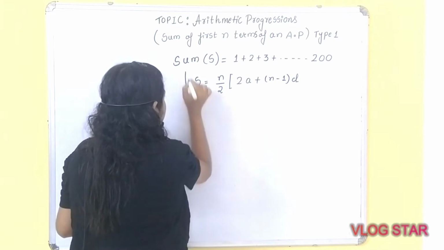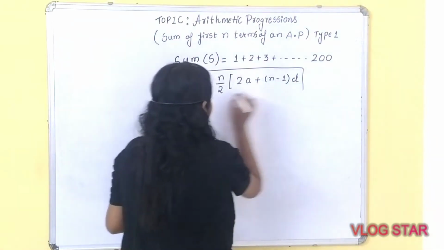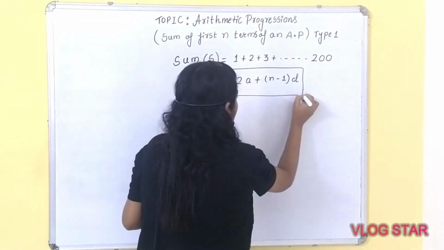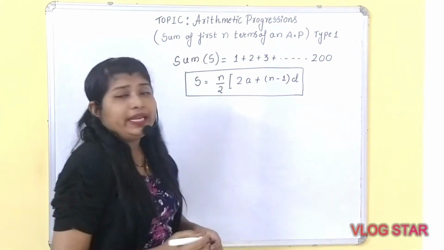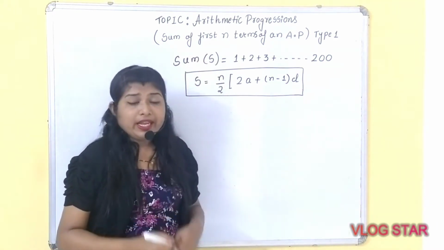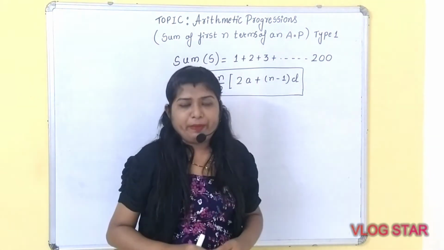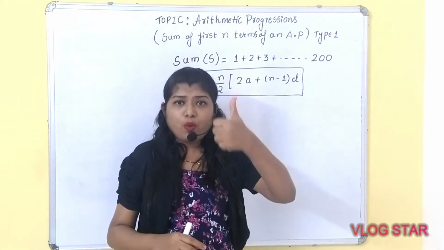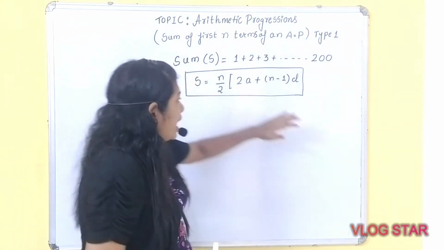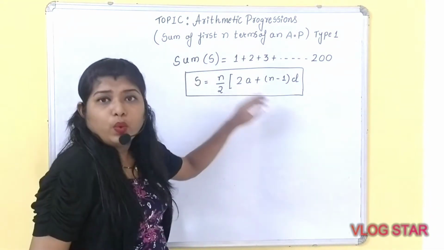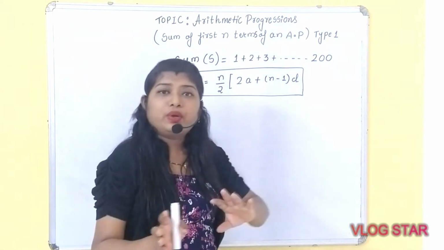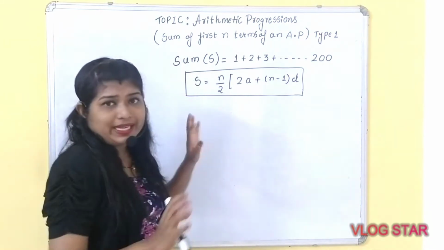You need to remember this formula to find the sum of the first n terms of an AP. This type of problem you can solve by two different methods. Method number 1: simply use this formula and you will get the value of S, that is the sum.